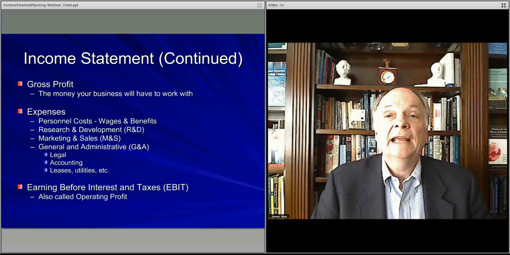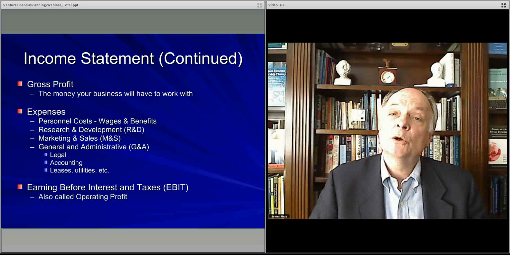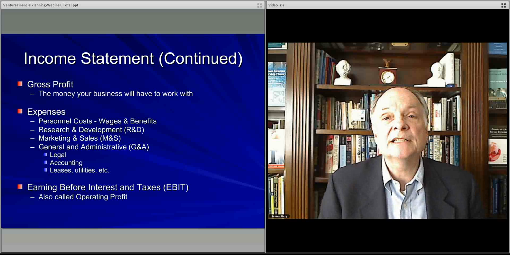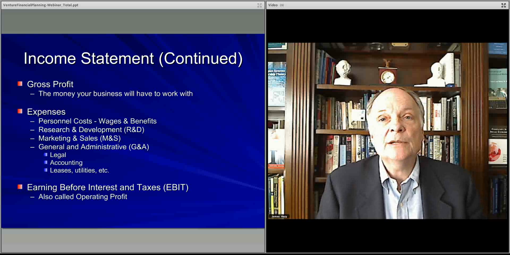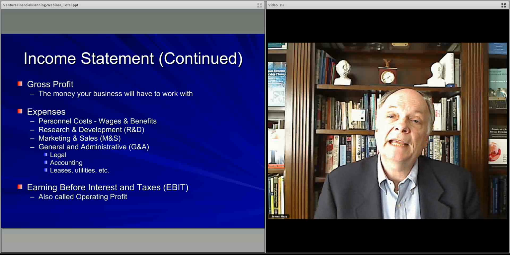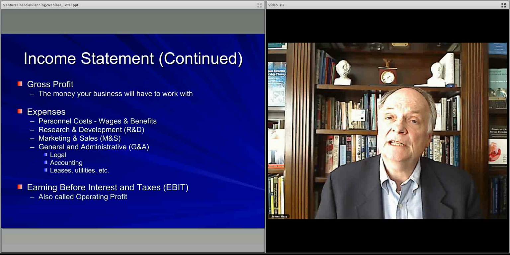Remember, it's what happens over a period of time. So you have monthly statements, monthly for the first year, you have quarterly statements, and you have annual statements. And from that, you can see whether your business is growing on the revenue side, how your expenses are keeping in line with your gross margin, and then how your cost of sales is being supported.